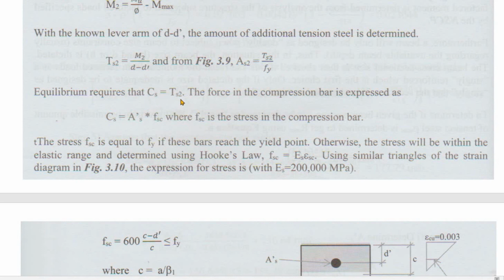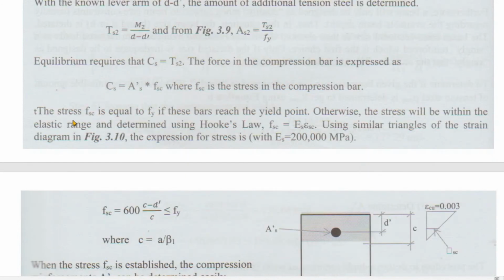The force in the compression bar is expressed as CS is equal to A prime S times FSC, where FSC is the stress in the compression bar. The stress FSC is equal to Fy if these bars reach the yield point. Otherwise, the stress will be within the elastic range and determined using Hooke's law.